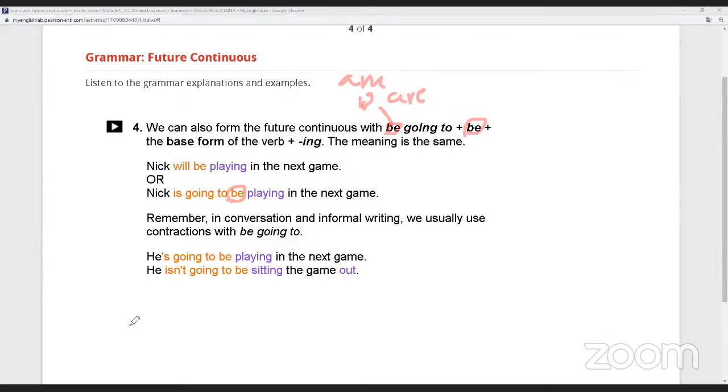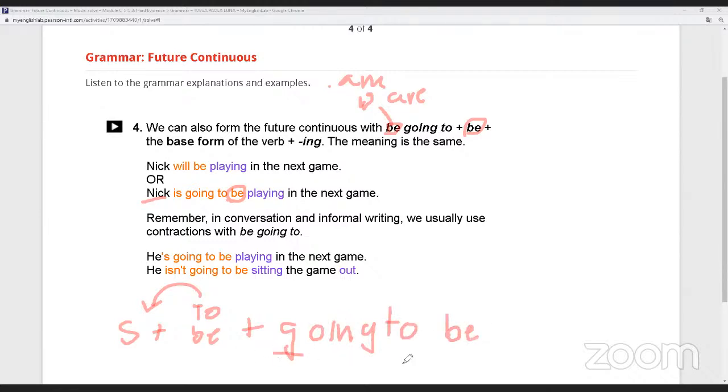So in other words, we have the subject, okay? We have the verb to be, and you can conjugate it with is or are, it depends on the subject for sure. Then going to be, I'm not going to touch this part, right? I'm not going to modify it.